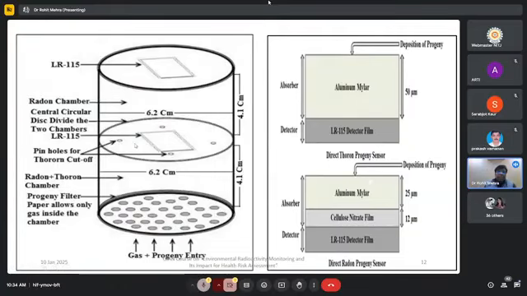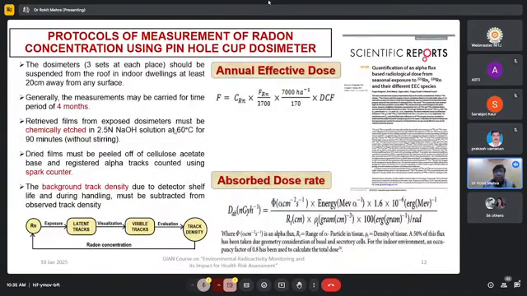These sizes just give you an idea: the length is 4.1 centimeter, and the diameter is approximately 6.2 centimeter. This picture gives you an idea of how the detector is placed and what its size is. Then we generally place all three dosimeters together and finally calculate the results, which we have already discussed.